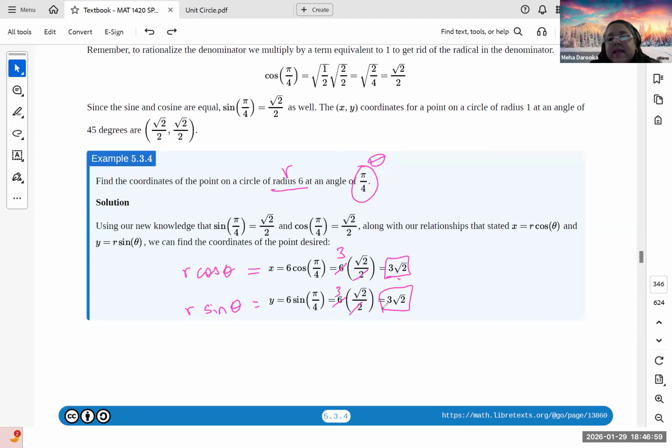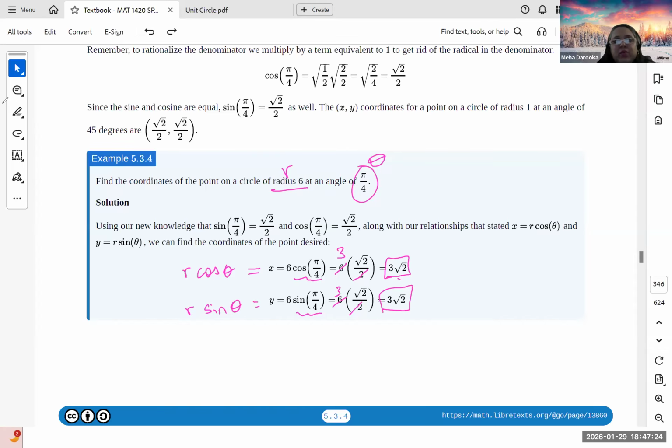Now, obviously, your x and y values should still be the same because you are still using 45 degrees or pi over 4. So we know the sine and cosine will have the same value. It's only based on the radius that coordinates will change. But otherwise, that ratio, that proportionality still stays the same.